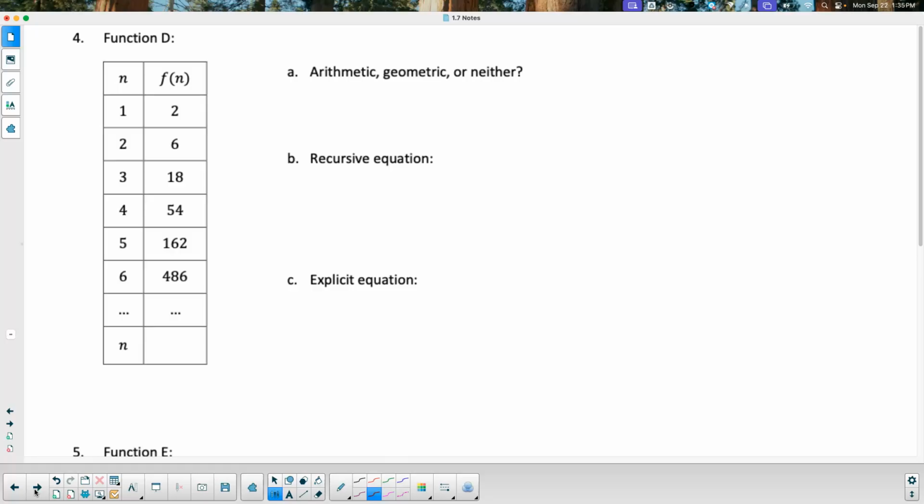But if I were to be checking addition, here it was plus 4, here it was plus 12, right there, arithmetic, gone. Checking multiplication, times 3, times 3, times 3, times 3, times 3, yes? Yep, that one works out, so that's geometric.